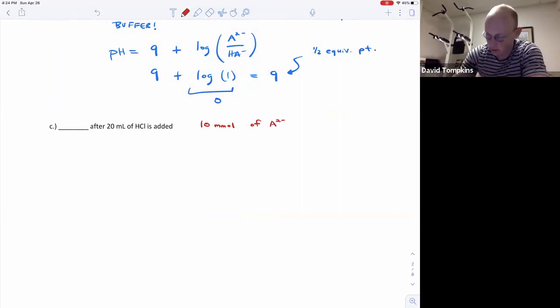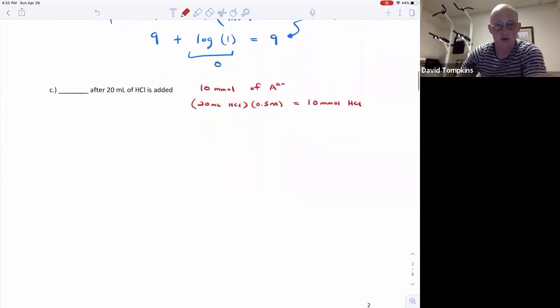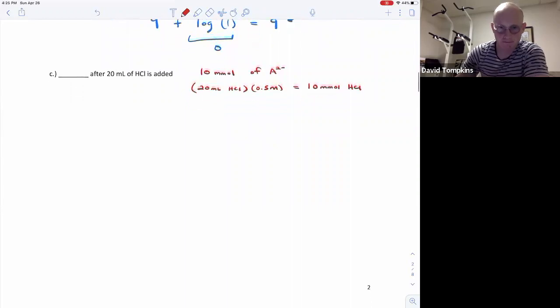Think backwards from 0. Now with 20 mL of HCl that comes from a 0.5 molar stock solution, multiplying those also gives 10 millimoles of HCl. In other words, they are equal here.